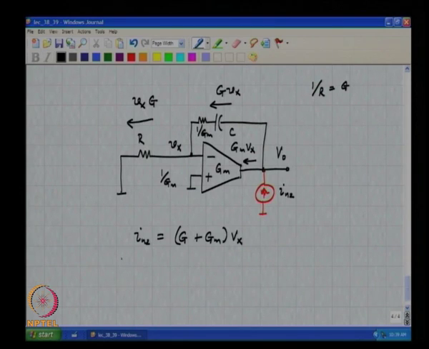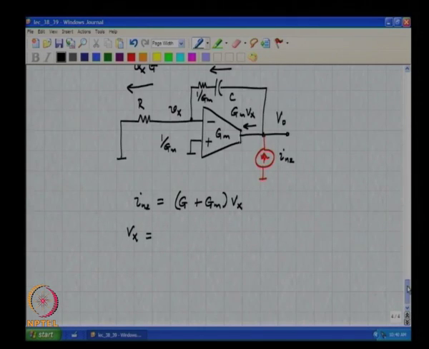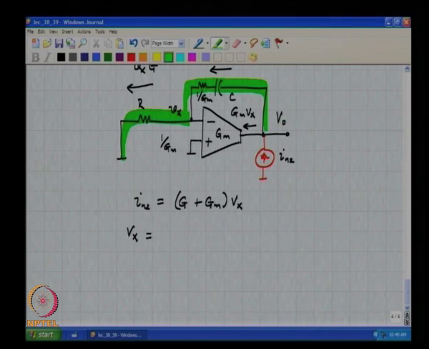Pardon, Vx is nothing but it is simply V naught into this. The same current flows to this branch and this branch, right. So, it is nothing but a voltage divider.